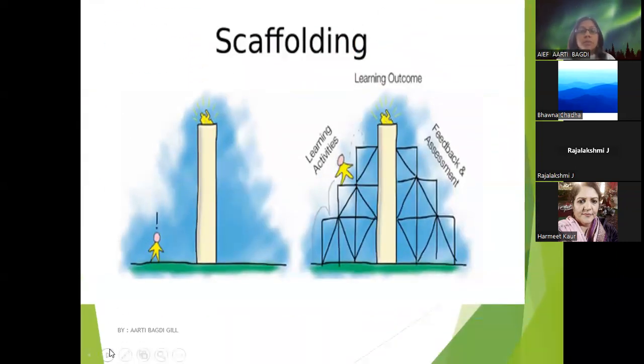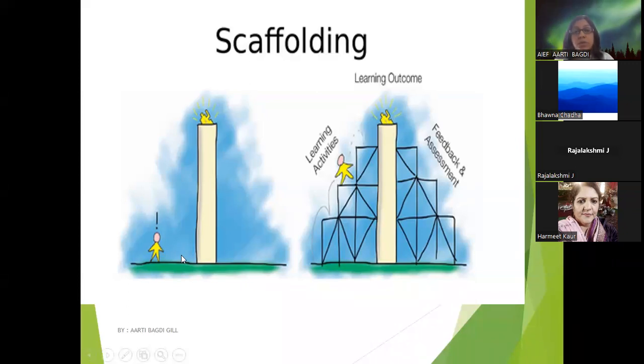Okay, so now here is a very beautiful pictorial understanding of scaffolding. Here I can see one child reaching the learning outcome. Definitely, I am a teacher, I'm there in the classroom. Here the child is there, and this is your ladder, this is your pillar of learning outcome. But if I have created such steps for the child, definitely the output will ultimately be very different in comparison to this.